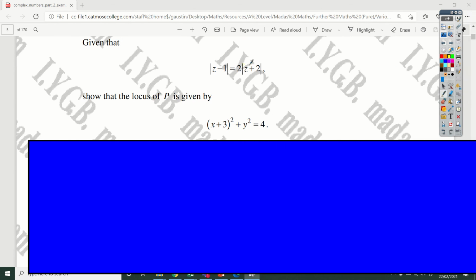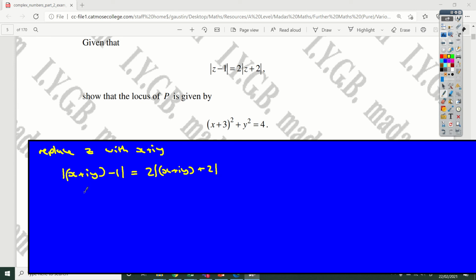All right, so these are equal. I'm going to replace z with x plus iy, and then proceed as before, but you've got to be careful about what happens with this 2 when you get to it. So now, absolute value of x plus iy minus 1 equals 2 times the absolute value of x plus iy plus 2.